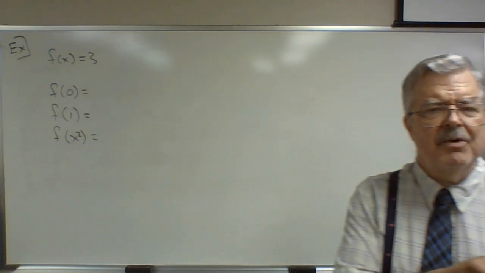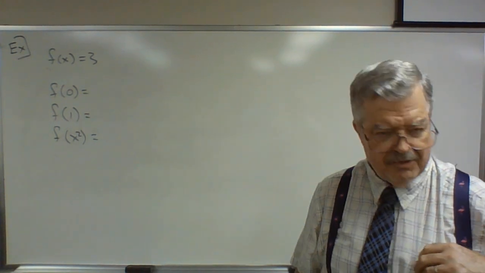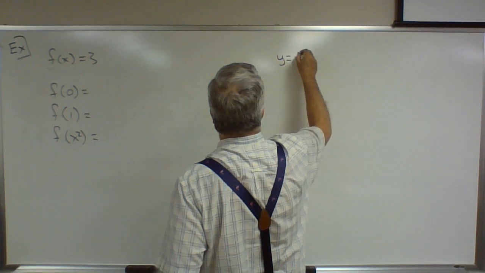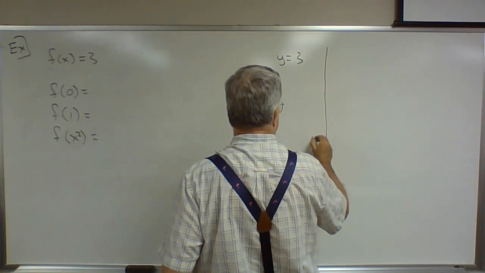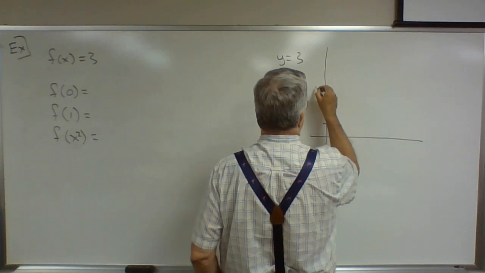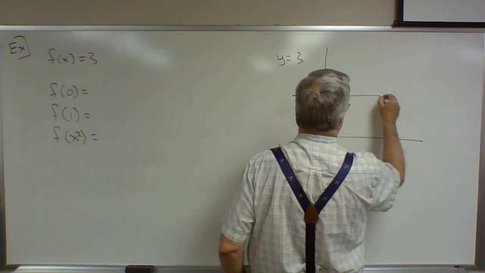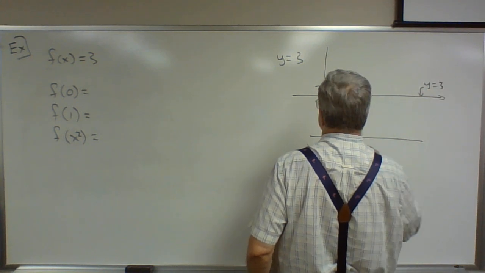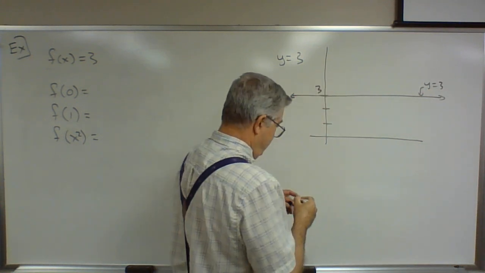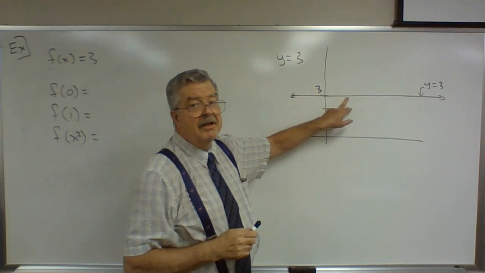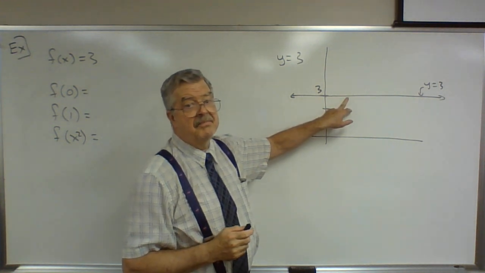And do you remember what the graph of y equals a constant looks like? The graph of y equals 3 is just a horizontal line.